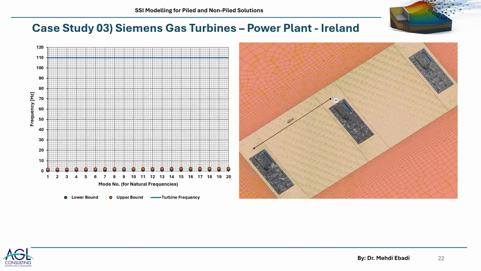So the next step was to do an analysis for calculating the first 20 natural frequencies of the system under the applied load. This is as per DIN 4024-1 and is also outlined in the Siemens specifications. As you can see, we modeled this time the three turbines, which were 42 meters away from each other, and these are the foundations.